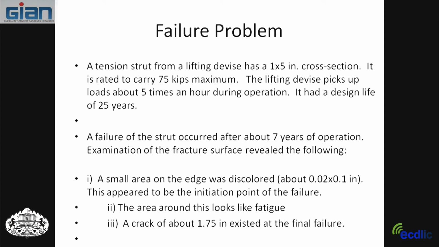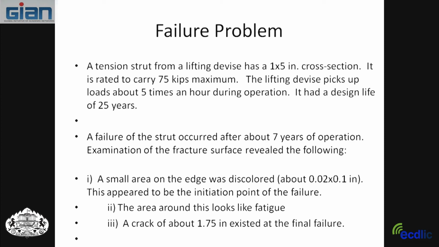So a lifting device, I said, had a 1 by 5 inch cross section and was supposed to carry 75 kips. This is, of course, in engineering units. And it operates about 5 times an hour and had a design life of 25 years, but unfortunately it failed after 7 years.